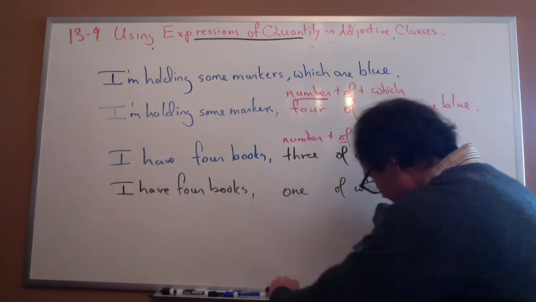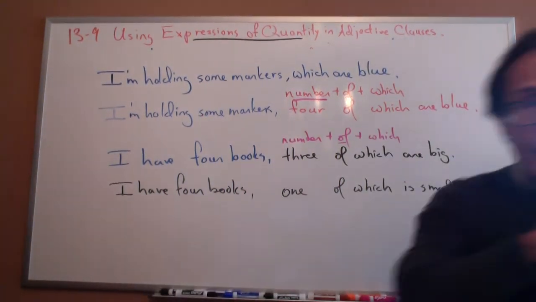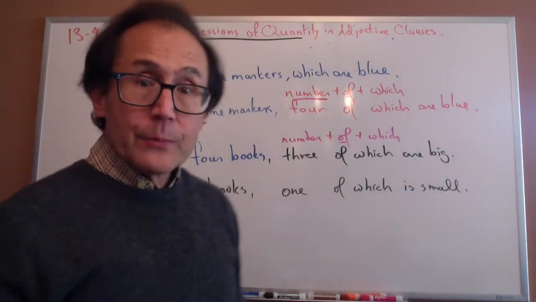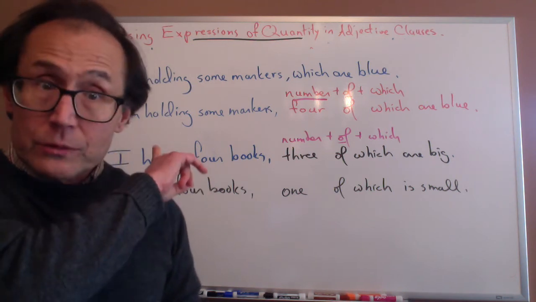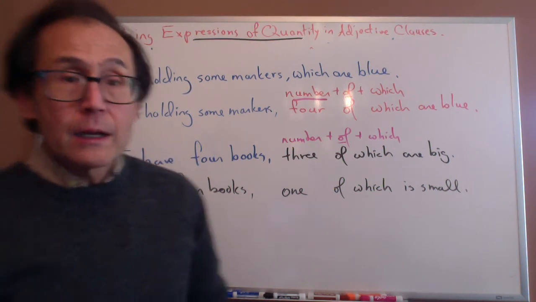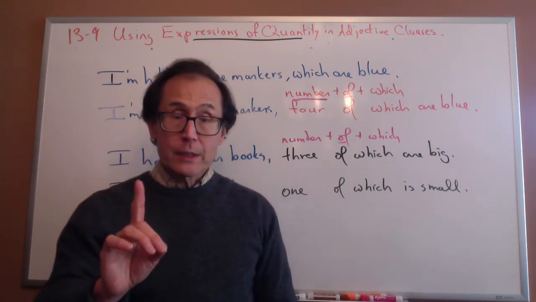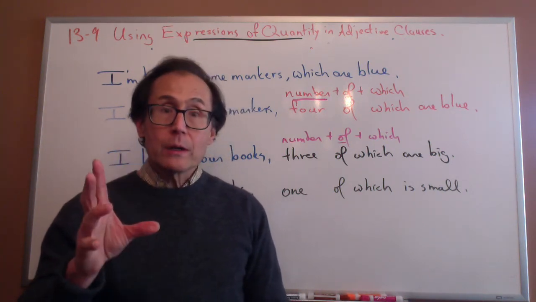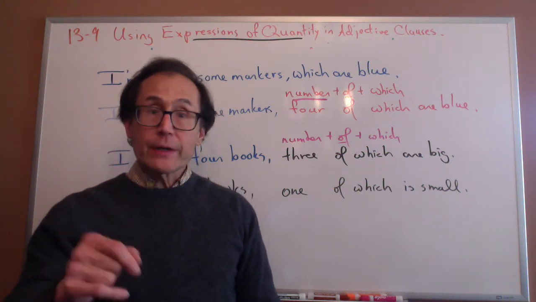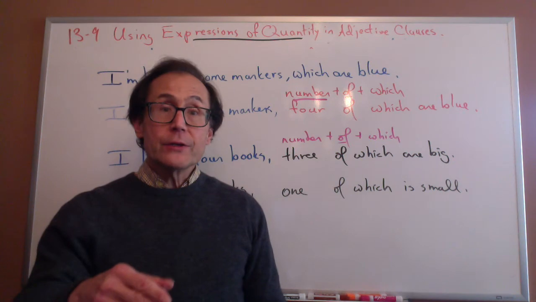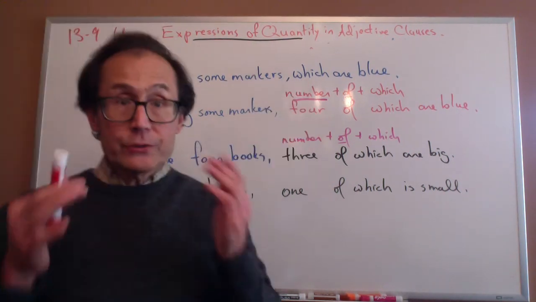Okay, so I can put these books down now. And I want to point out a couple of things about these sentences. Thing number 1, you will remember that when I'm making an adjective clause, very often if I use which, I can also use that.